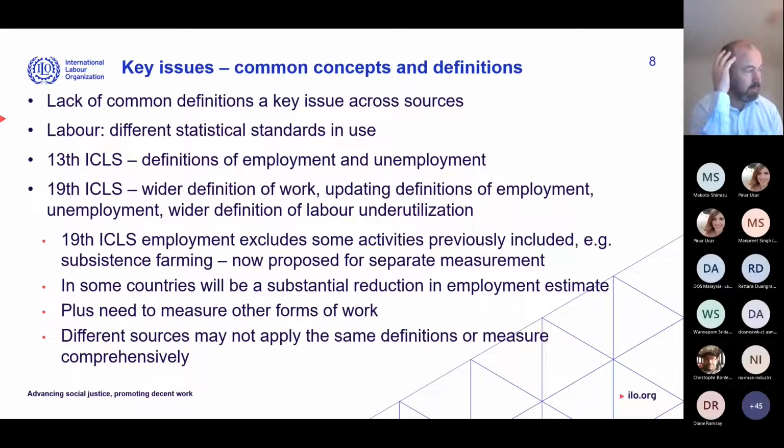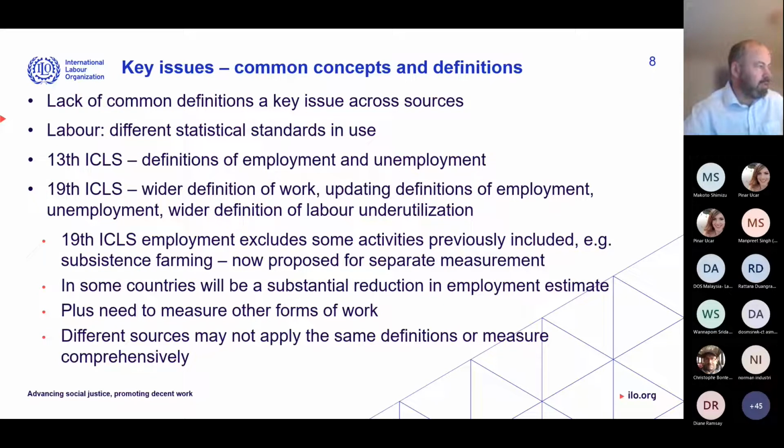However, in 2013, there was the 19th International Conference of Labour Statisticians, and it adopted a resolution with a wider definition of work, updated definitions of employment and unemployment, and a wider definition of the concept of labour underutilization. So that's extra indicators in addition to unemployment. And there are some important differences between those frameworks.